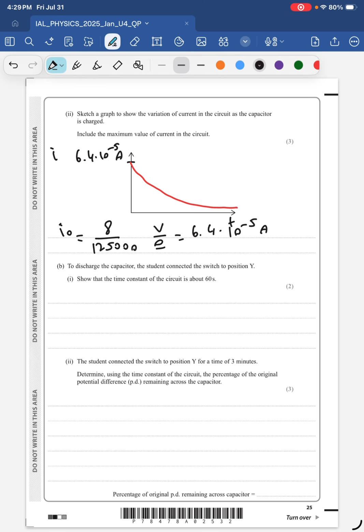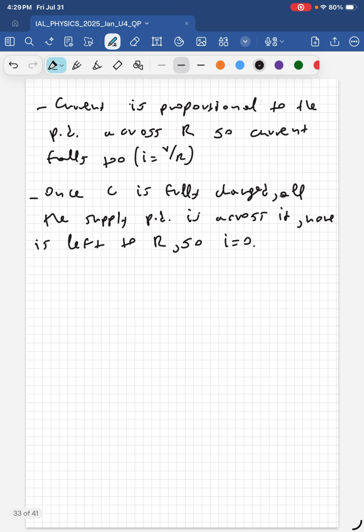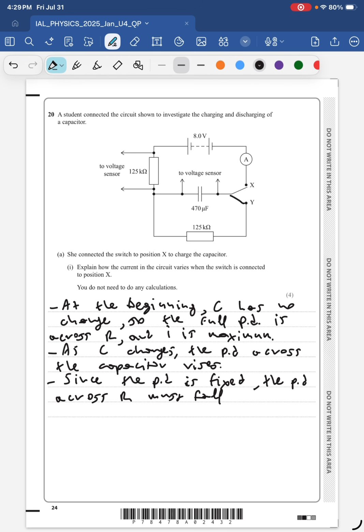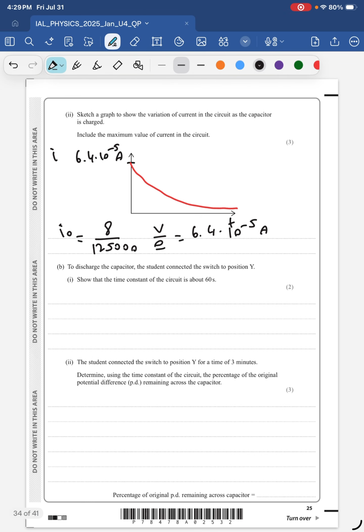Part B, to discharge the capacitor, the student connected the switch to position Y. So we see that there is only a resistor and a capacitor in that setting. Show that the time constant of the circuit is about 60 seconds.